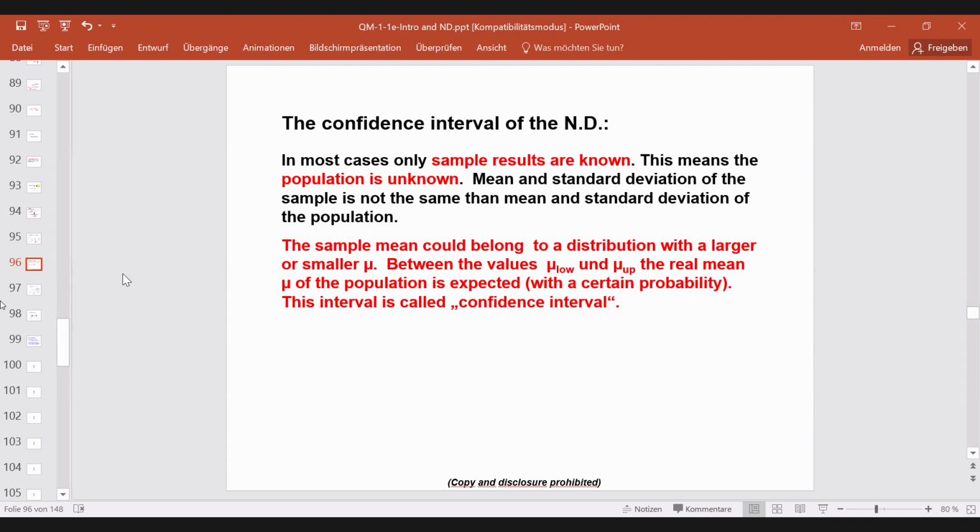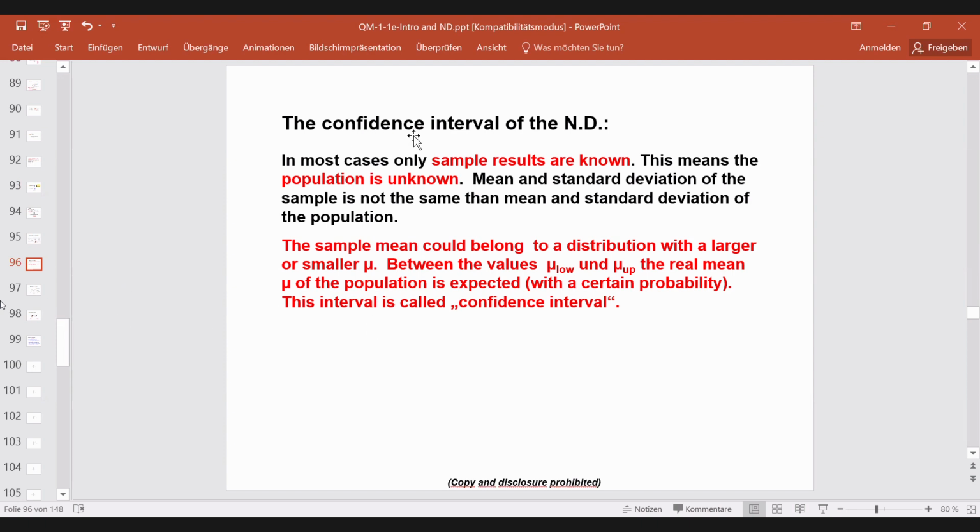In most of the cases in practical quality management and quality assurance, the population is not known. It is unknown. So all you have is the results of samples, sample results.